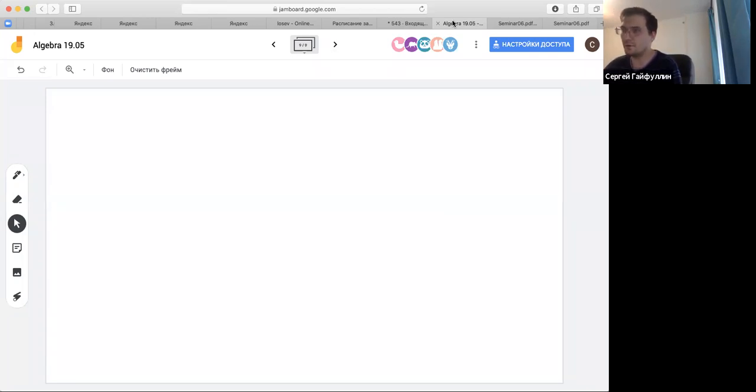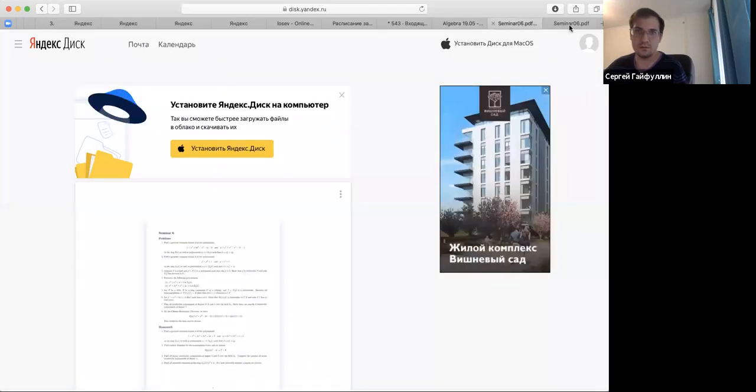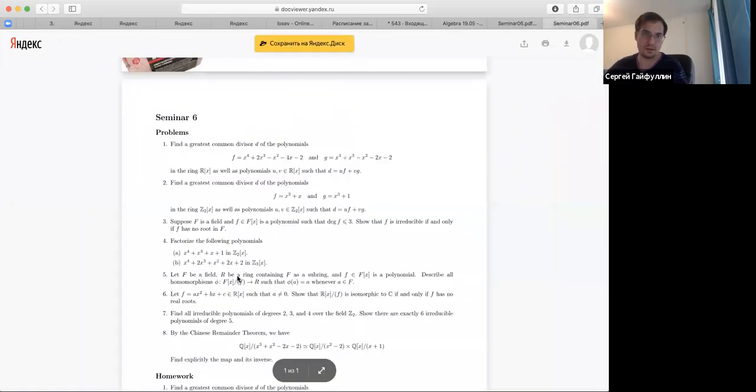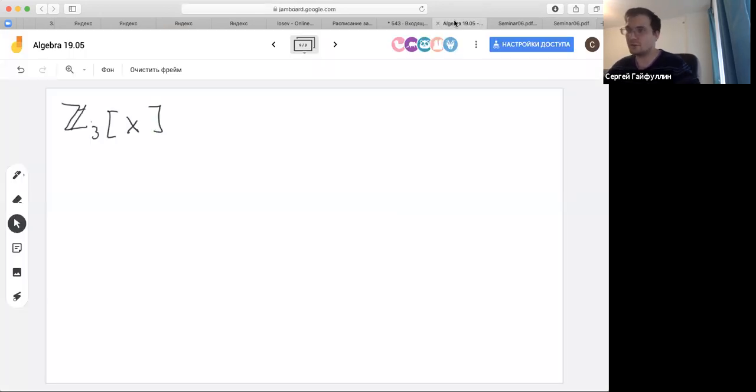We have, for example, Z2, or in the second, in point B, we have Z3 of x. Just formally, this is a formal polynomial: a_k x to the k plus and so on plus a_0.